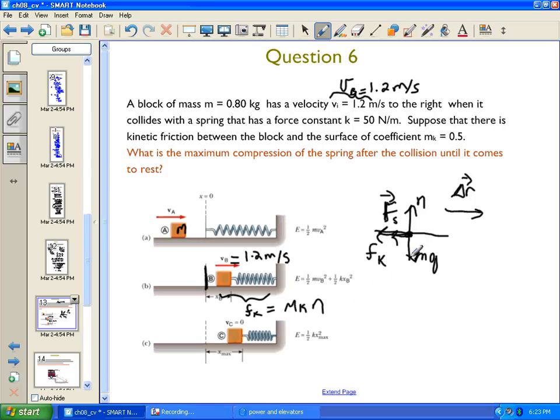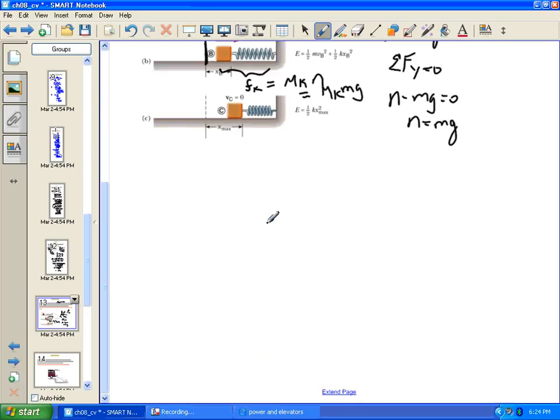Anyhow, from the free body diagram, we can clearly see that N minus mg equals 0, N equals mg, and so here the kinetic friction will be mu k times mg. All right, so let's go ahead and use the energy approach here.